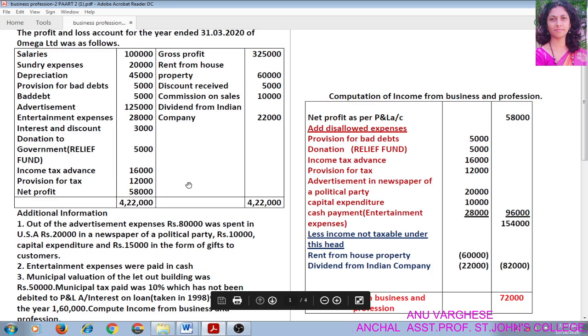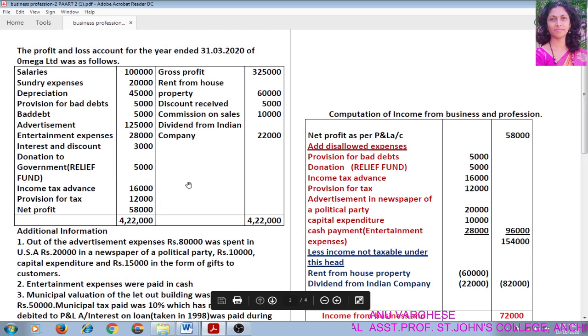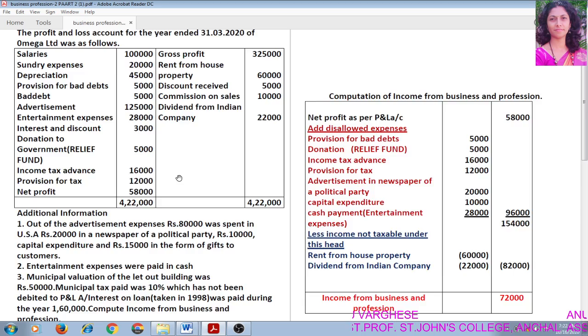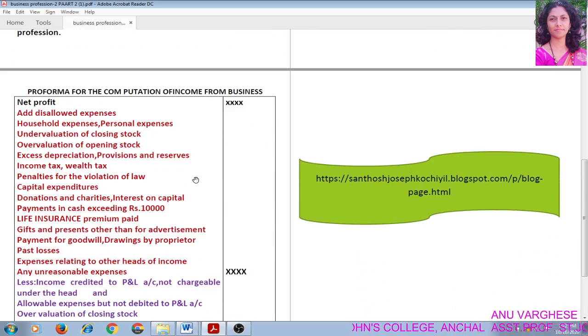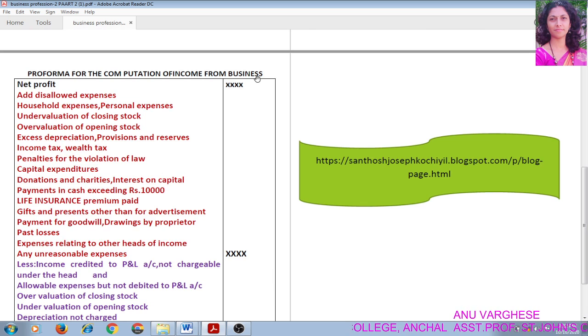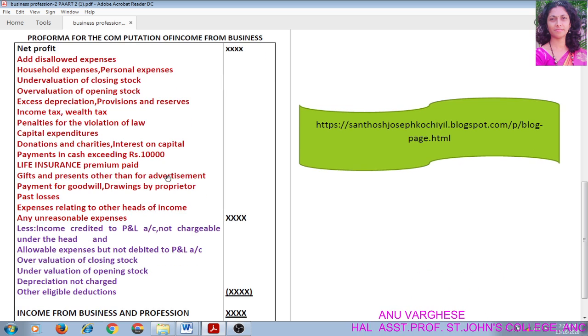We have already discussed how to compute income from business and profession. To brush up your knowledge, once again I will show the pro forma for the computation of income from business and profession. So first we have to write net profit, then we have to add disallowed expenses. What are disallowed expenses?